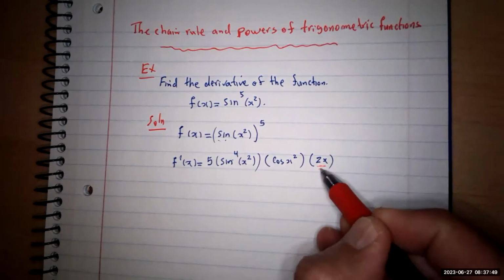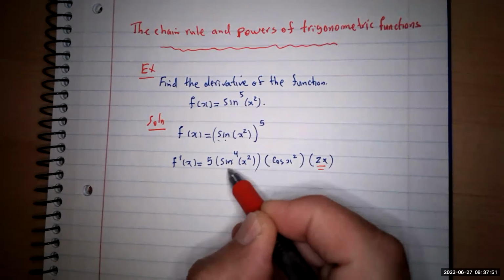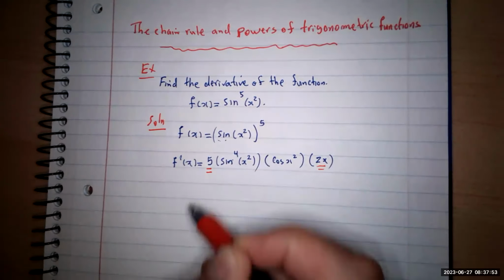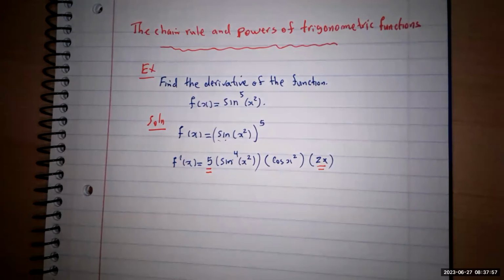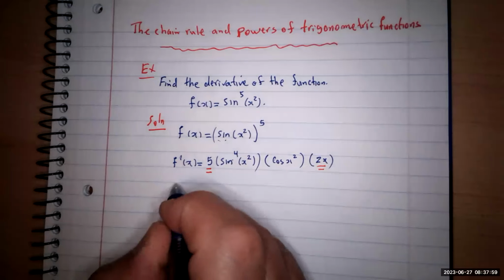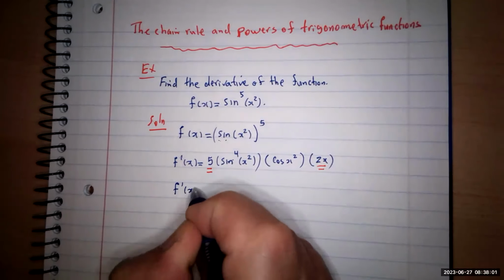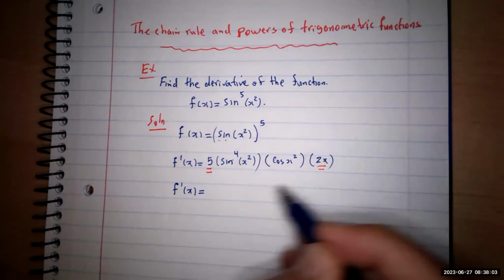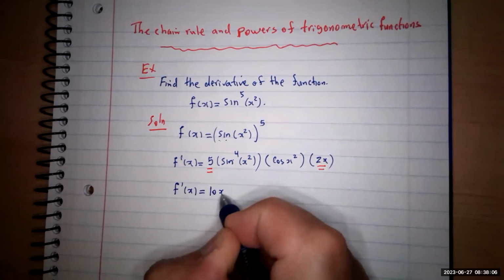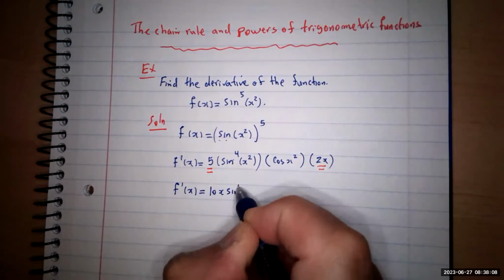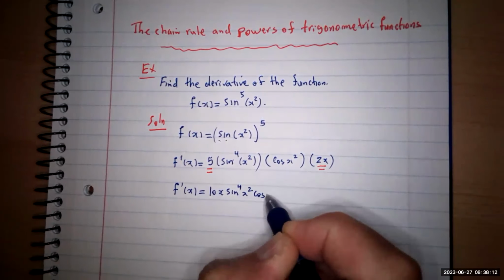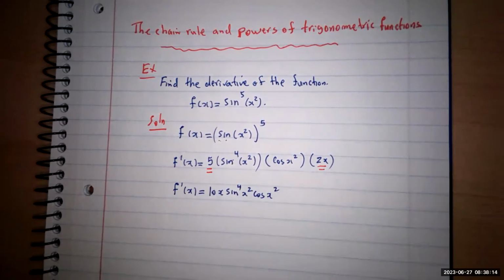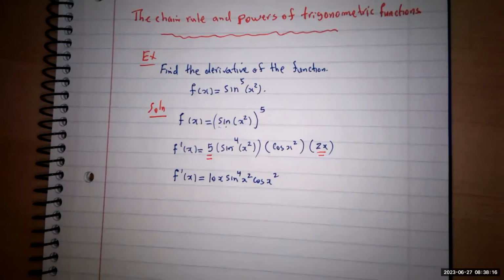We have a 2x here, and you have this coefficient 5 here. So it's going to be 5 times 2, 10x, and you move it up in front. So f prime of x is going to be equal to 10x sine to the fourth of the x squared times the cosine of the x squared. So that gives you the derivative of your function.